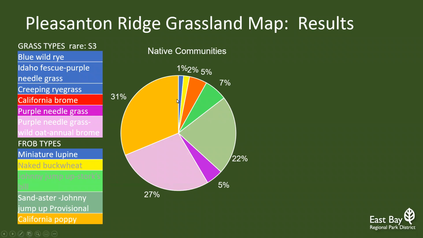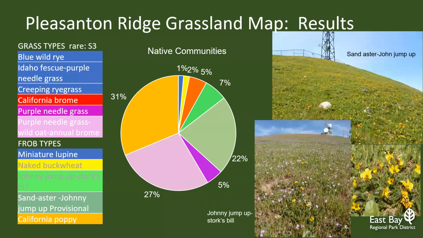So now I'm going to show you some pictures of three or so of the most common types that we ended up mapping. First, this little yellow violet is Johnny Jump Up, and it was prominent in 2 of the types that we mapped.